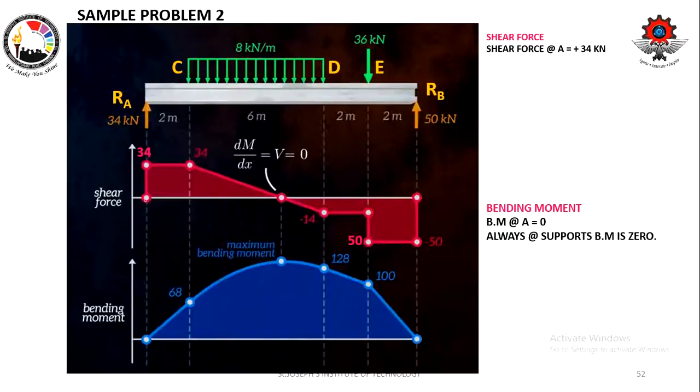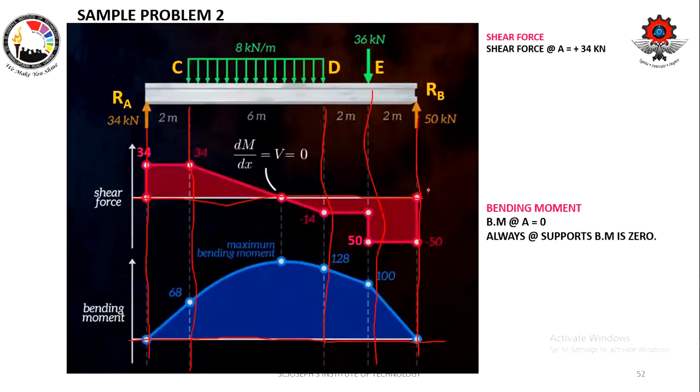So draw an approximate line denoting it is 34. Before that, as I told you, you are supposed to draw dotted lines from each point, from each junction, right? Dotted line from each junction, and then we are supposed to draw an axis line for shear force and an axis line for bending moment.